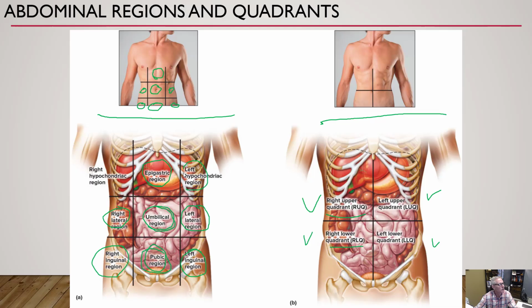Because our ribs are here and we have cartilage here, we could have our left hypochondriac region and our right hypochondriac region. Hypo just means under, so underneath our ribs or underneath our cartilage, region. So just be familiar with this one. With this slide, like I said, you're going to need to know it.